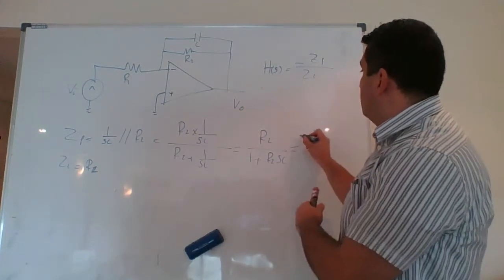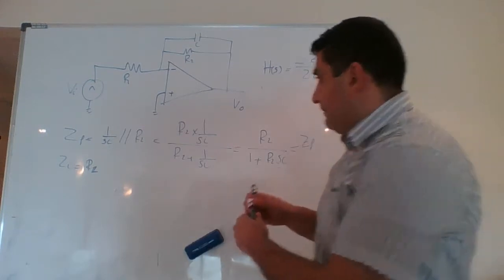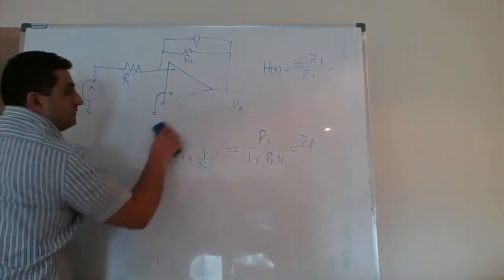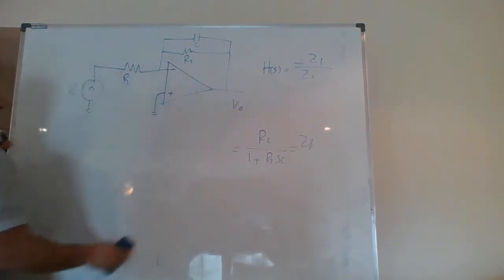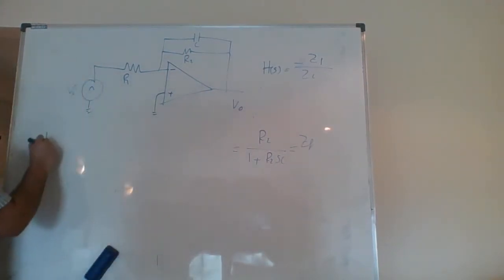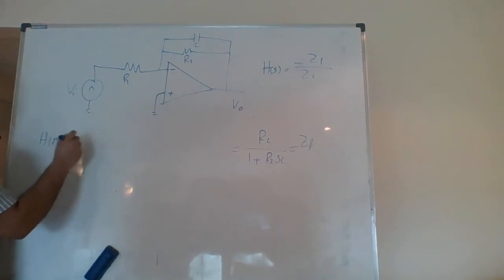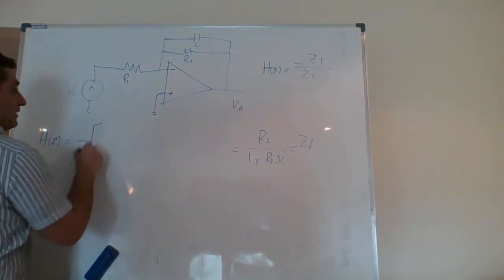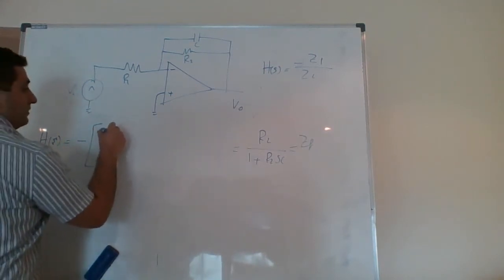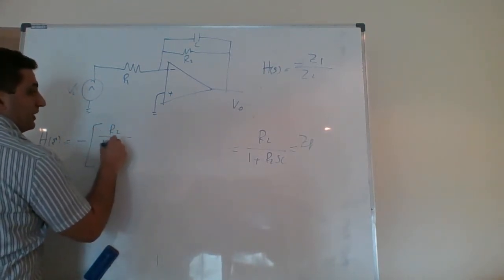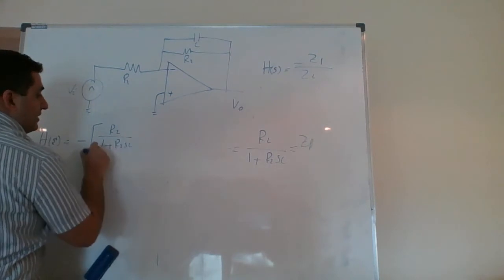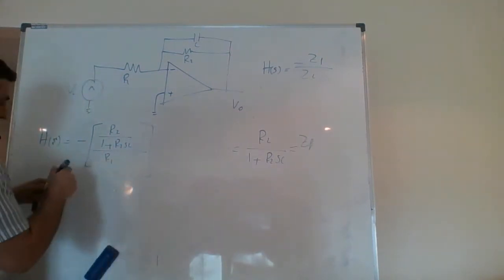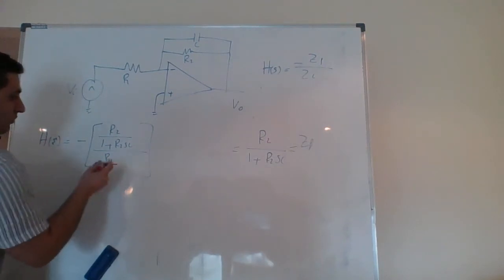It's equal to minus ZF over Zin, so H of S will be equal to minus, in a bracket, ZF, which is R2 over 1 plus R2 SC, divided by R1. Remember, this divided by R1 is like having R1 over 1.